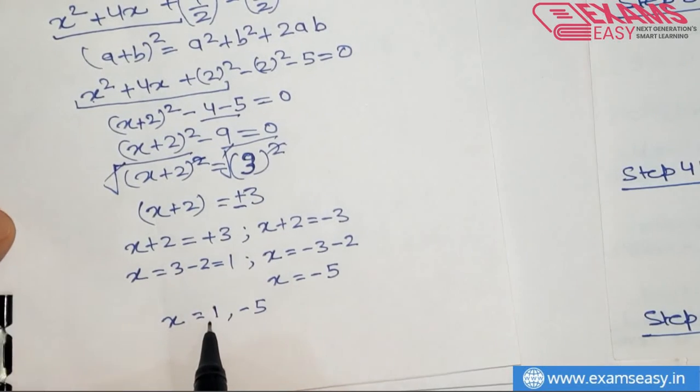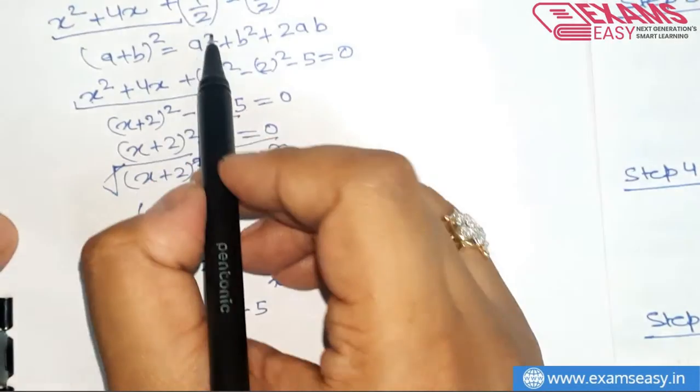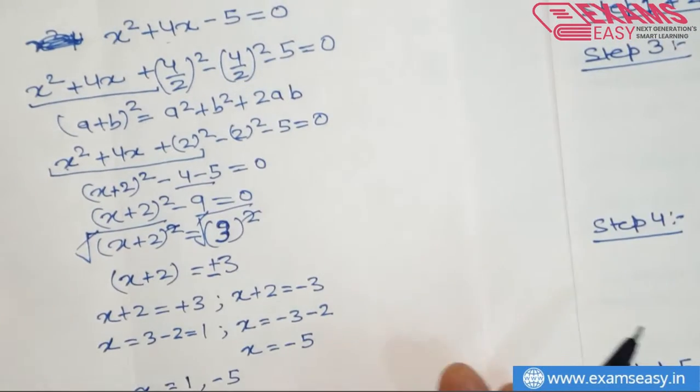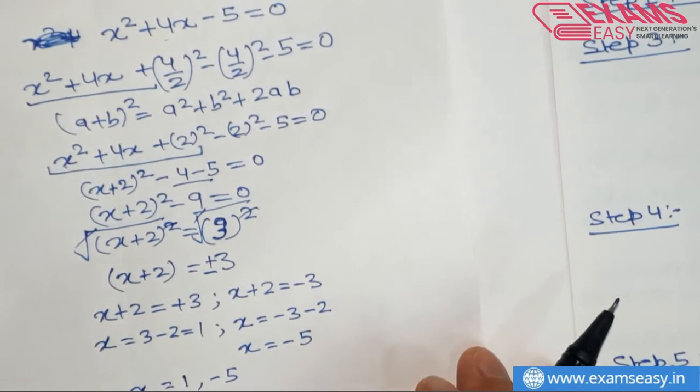We will put the value of x in the given quadratic equation, which is nothing but x square plus 4x minus 5 is equal to 0. Let us see whether it satisfies it or not.